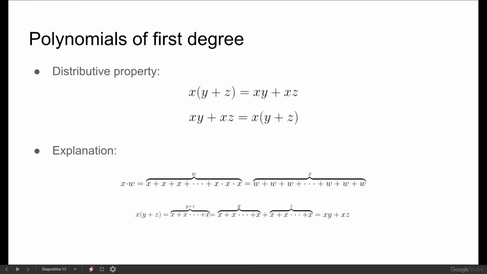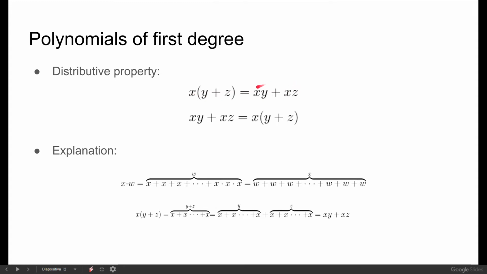In order to factor polynomials of first degree, we must understand first the distributive property. This is the distributive property. It's the property that says that you can distribute a variable between a sum in parentheses. And this is usually what all the people teach, but it's very important to realize this also works backwards.